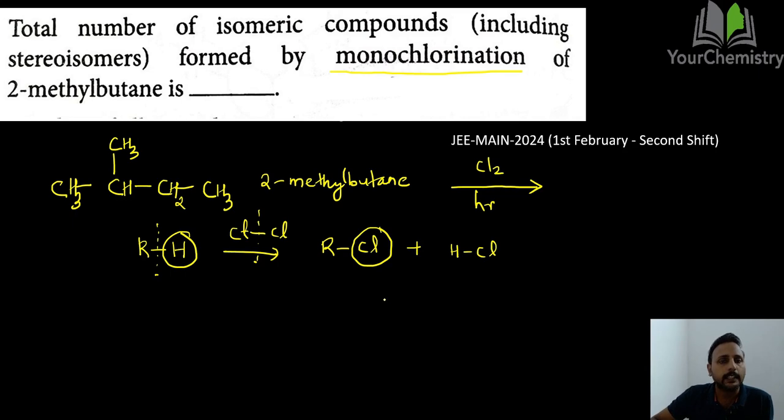They are asking how many isomers, with the same molecular formula but different structures, can be formed. To do these kinds of questions, we need to identify the different types of hydrogen in the given compound, because each type of hydrogen, when replaced with chlorine, will give a new compound.